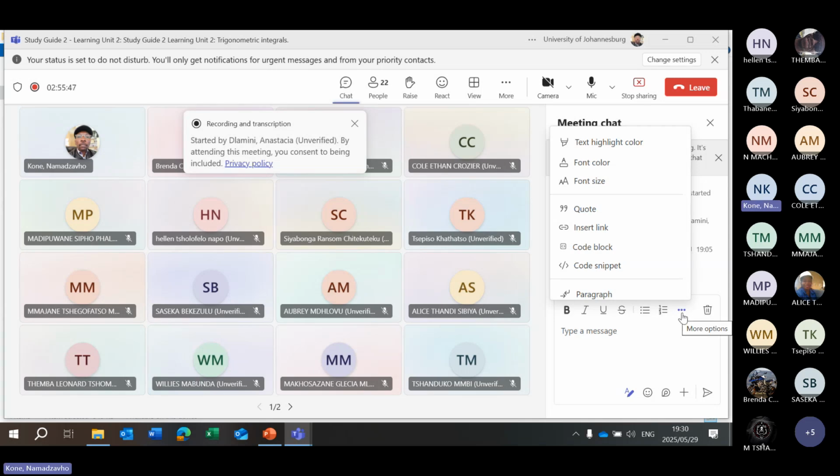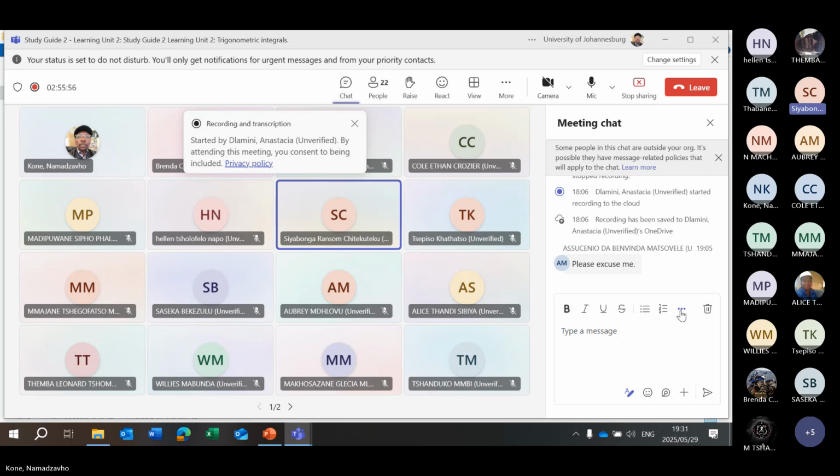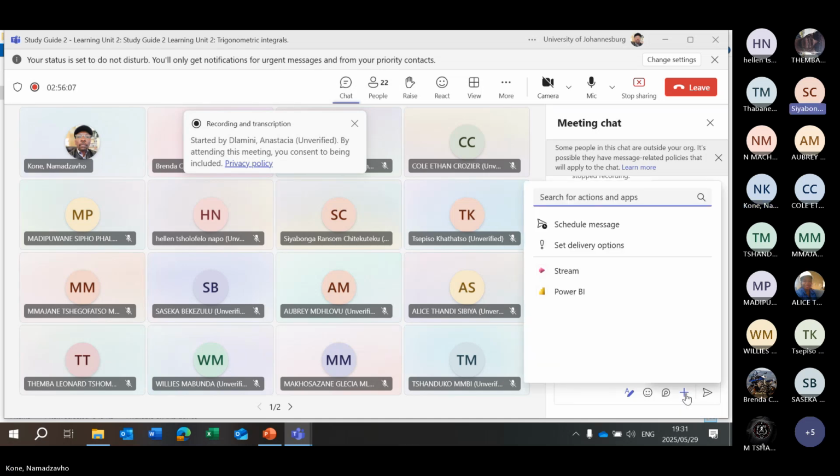Because we are not on the same SharePoint. Okay, can you click on that one on these two, sir? Which one? This one, the last one. Down, sir. Down. Yeah. This one. Yes. Yeah. Delivery options. You can try searching for how you saved it and maybe see if it appears.